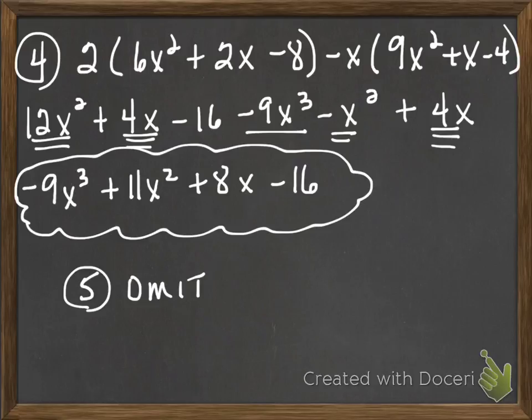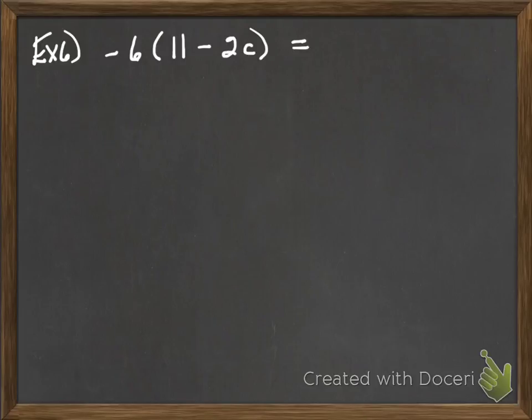So you are going to have to solve some equations in this section, and you're going to have to use the distributive property first. So in example 6, you're going to distribute the negative 6 on the left-hand side of the equal sign. That's how I know it's an equation, because it has an equal. And you're going to distribute the positive 7 on the right-hand side, and then we're going to go from there.